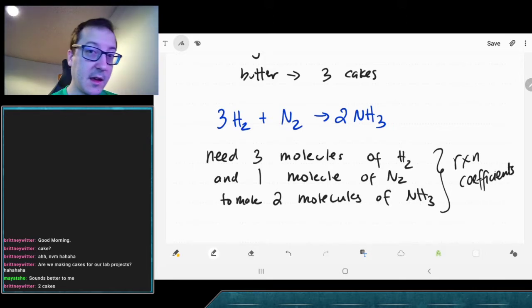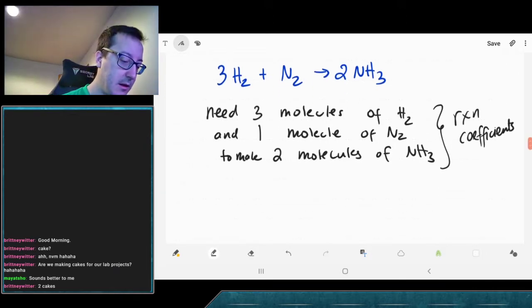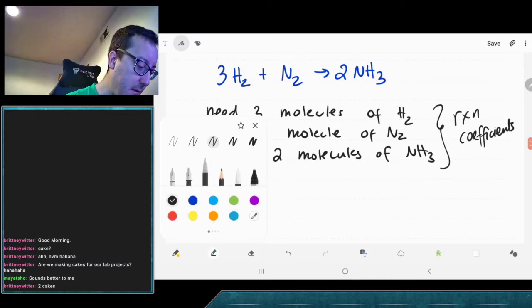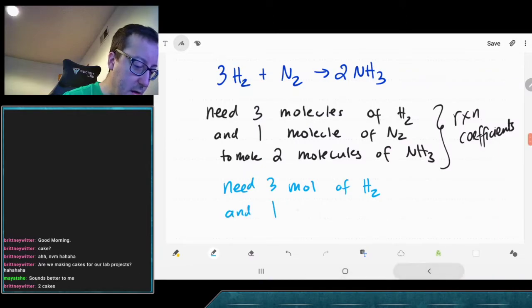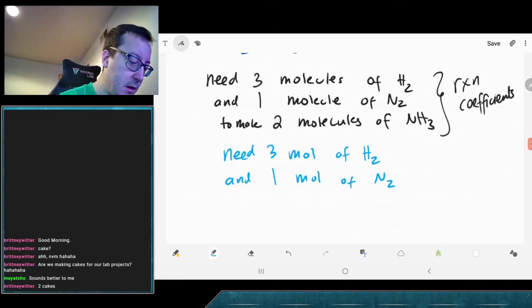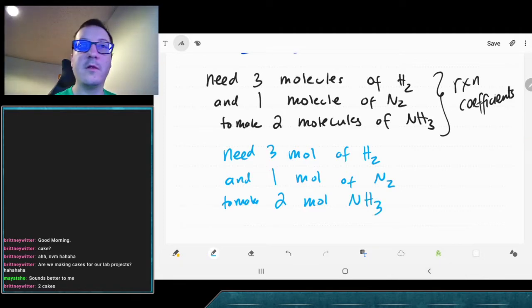We're going to see that this is exactly the same as saying we need 3 moles of hydrogen and 1 mole of nitrogen to make 2 moles of ammonia. The ratio would be the same.